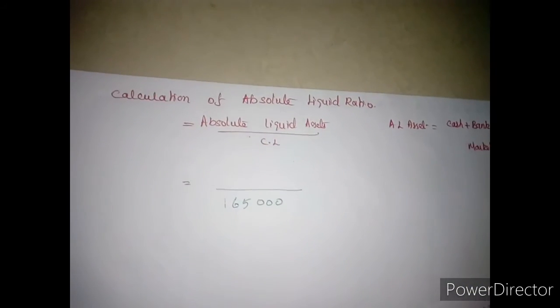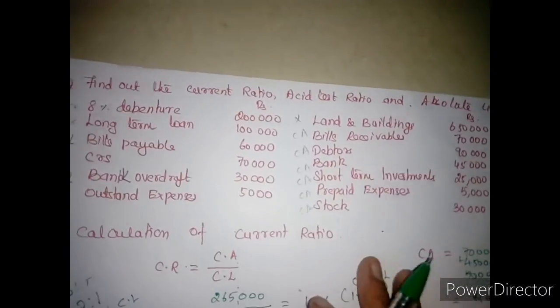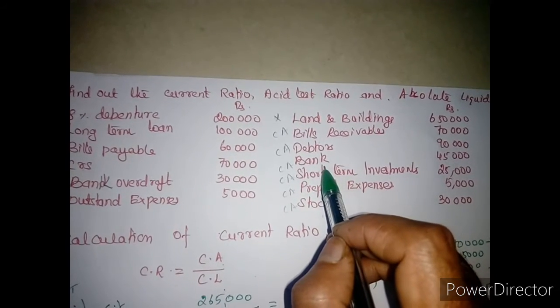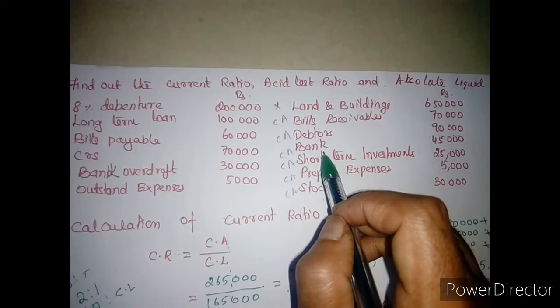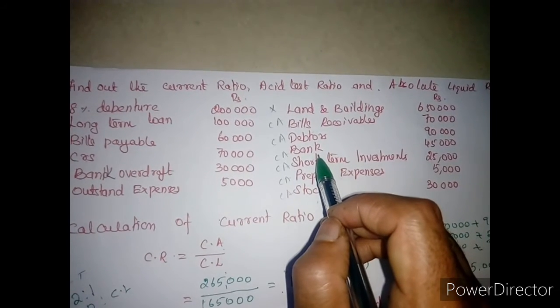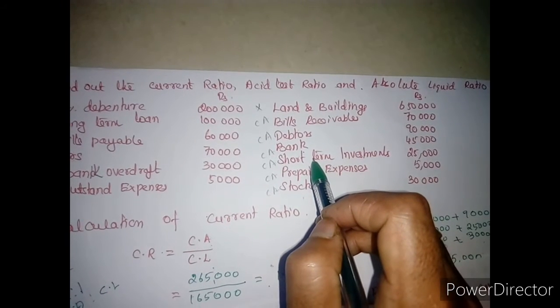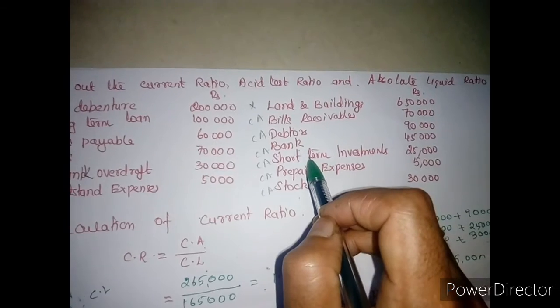How much is cash, bank and marketable securities? Here there is no cash, only bank is available. Bank 45,000, short term investment 25,000. That's all.